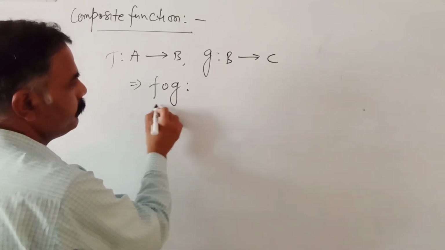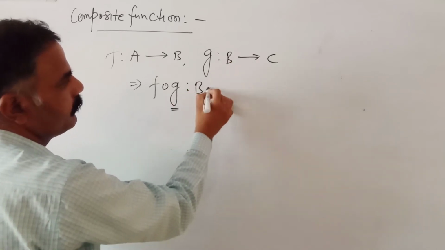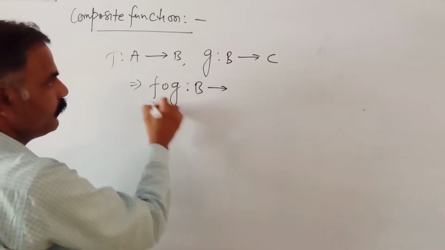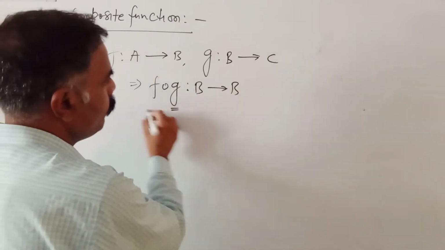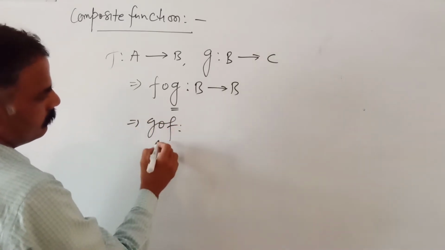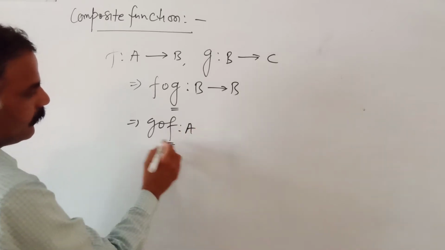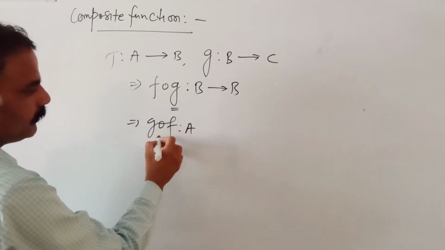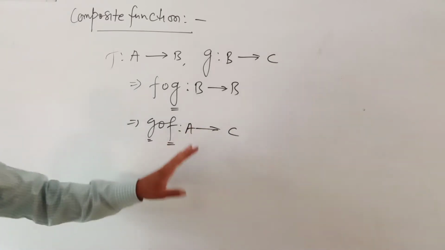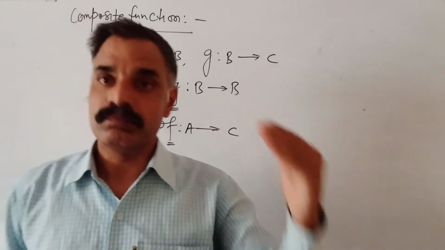The domain of fog is the domain of g, that is B, and the codomain is the codomain of f, that is B. So fog will be defined from B to B. The domain of gof is the domain of f, that is A, and the codomain of gof is the codomain of g, that is C. So gof will be defined from A to C.